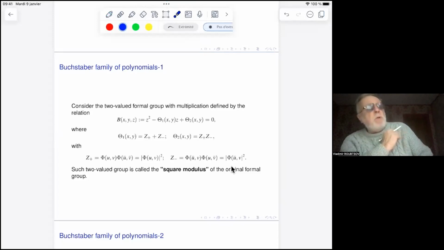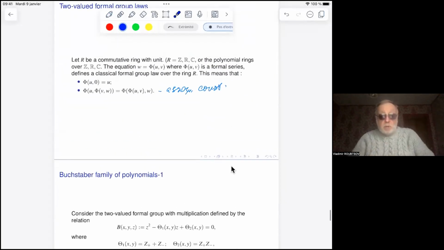But in topology, there is a very special type of formal groups, very interesting, simple, but very important. And one of this type is the so-called square modulus formal group construction. What is this square modulus formal group construction? It is the following. Let's suppose that we have some formal group phi UV which satisfies these two axioms.